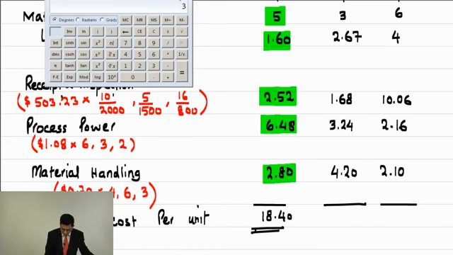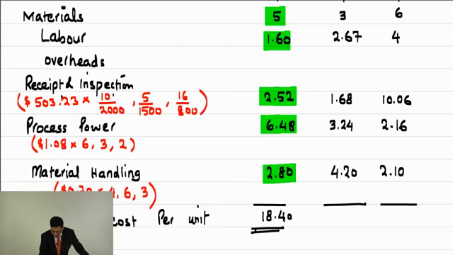Second one is 3 plus 267 plus 168, 324 and 420, 1,479.